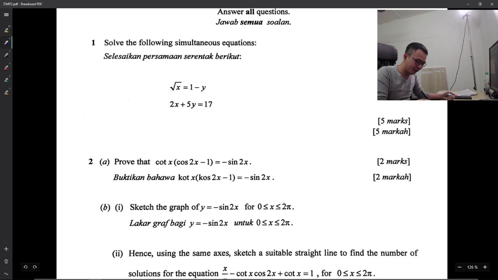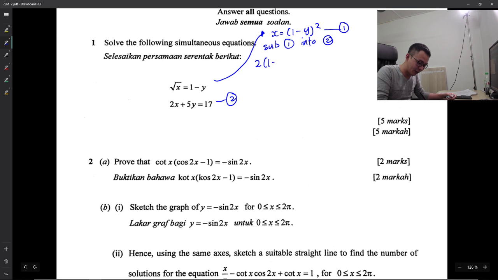So I will say x equals 1 minus y squared as my first equation, and then I sub into my second equation, so I will sub 1 into 2. When I sub in, the x will become 1 minus y squared plus 5y equals 17. Then basically we will just solve this.